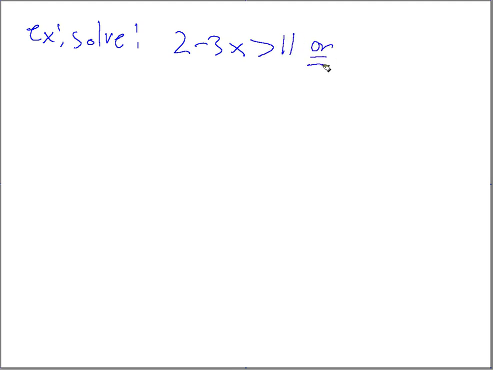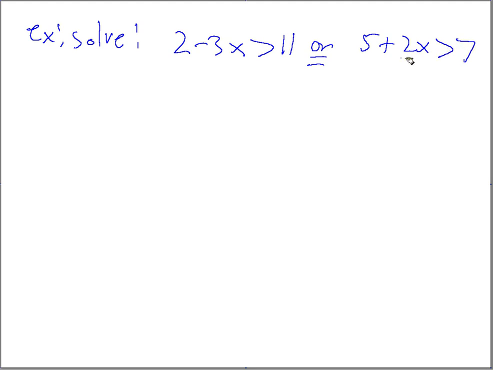The keyword is the word or. 5 plus 2x is greater than 7. So 2 minus 3x greater than 11, or 5 plus 2x greater than 7.